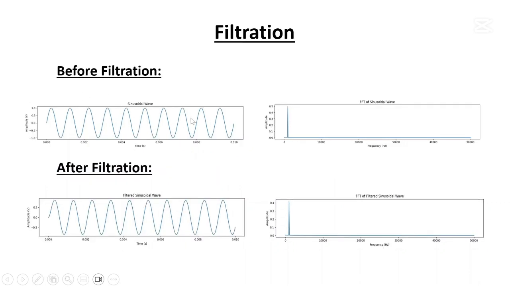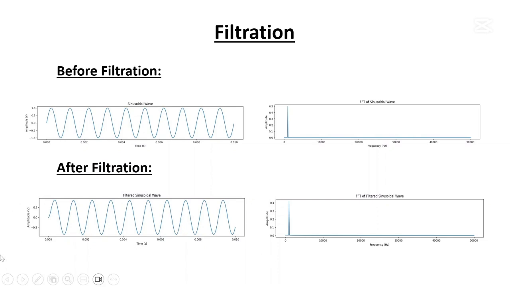Let's take the sinusoidal wave first. So before adding a low pass filter in time domain, our sinusoidal wave was like this, and in frequency domain it consists of a single frequency and it will show like this. After passing it through a low pass filter, the sinusoidal wave will look like this.